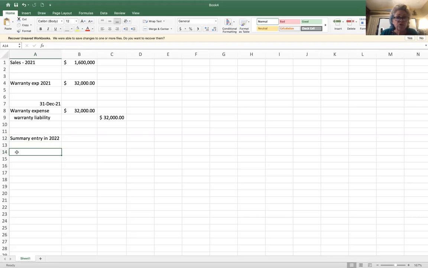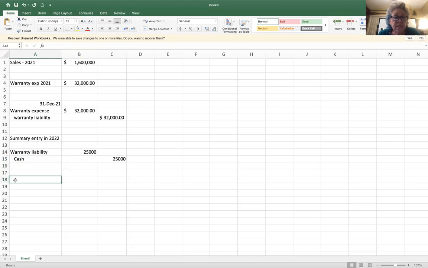So in 2022, we would debit the warranty liability for $25,000 and then credit cash, or whatever it was on how they paid their warranty. Okay.